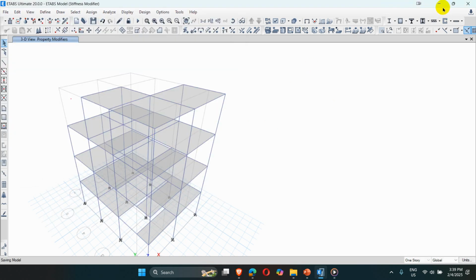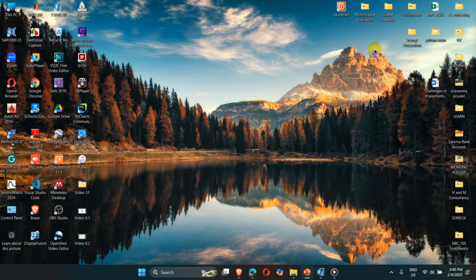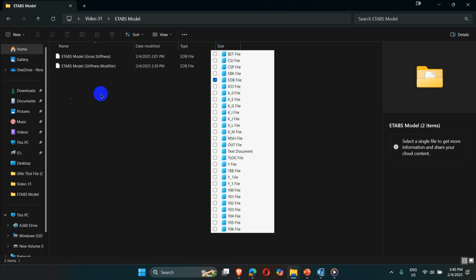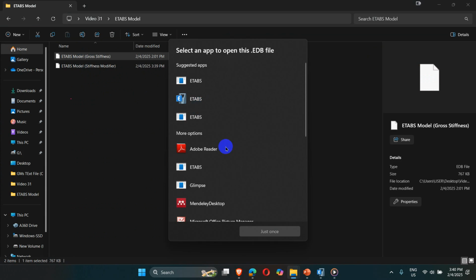Okay, I will open both of them and run them in parallel, and we will check the response of the structure. So again, let me go to the test model with gross stiffness.